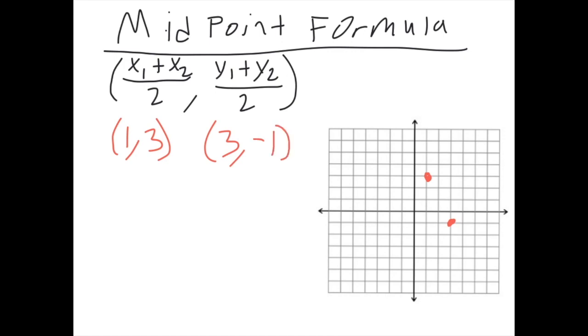So now we plug them into the midpoint formula. x1 is 1 plus x2, which is 3. Just so you know, I'm talking about that 3, not that one. Divided by 2. And the y's, y1 is 3. And y2 is negative 1. So plus negative 1 or minus 1.